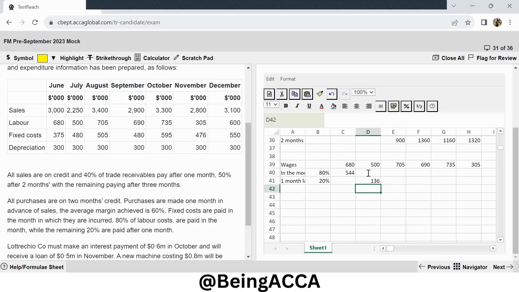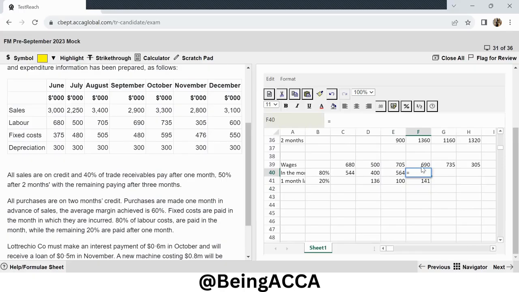So now in the same month, it is 80% of 500, and then 1 month later it is going to be 20% of 500. So similarly, 705, we are going to be paying 80% in the same month, and in the next month we are going to be paying 20% of this amount. So this will be this much.